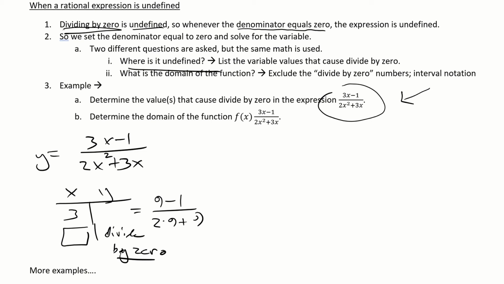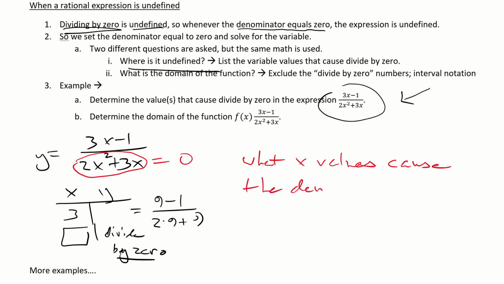Let's find out. So what we do is we realize that if you divide by 0, the expression is undefined. So really, what x values cause the denominator, which is 2x squared plus 3x, equal to 0?